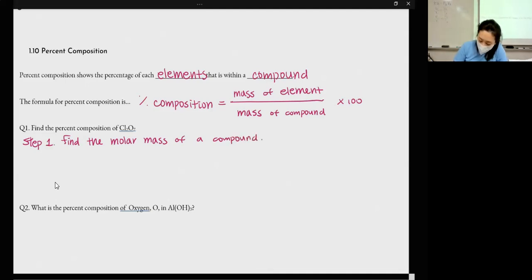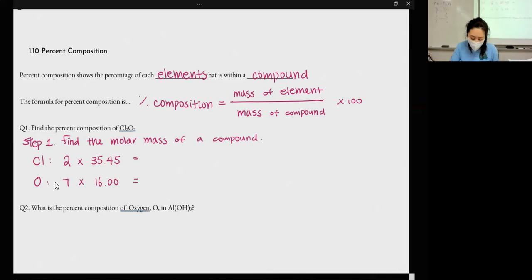Which will be done by: you have 2 chlorine, and chlorine is 35.45. And then oxygen, you have 7 of them, and oxygen is 16.00.